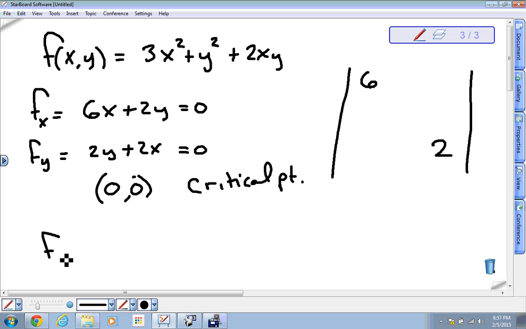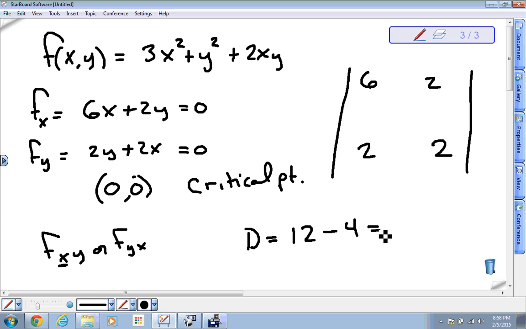And then if you recall from the other night, the mixed partial says you can either take the first derivative with respect to x and then do it with respect to y, or if you prefer, you can do it this way. So it doesn't matter. So if I take this fella, I've already taken the derivative with respect to x, so now I differentiate with respect to y, which gives me a 2 and a 2. So then D is equal to 12 minus 4, which is 8.